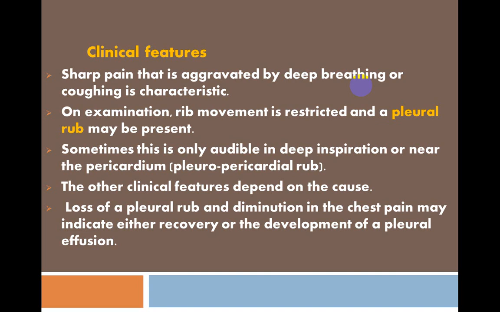That means that the loss of the pleural rub and diminution in the chest pain may indicate either recovery or the development of a pleural effusion. Okay, this is very clear: loss of pleural rub and diminution of the pain due to the pleurisy may indicate either recovery or the development of a pleural effusion.